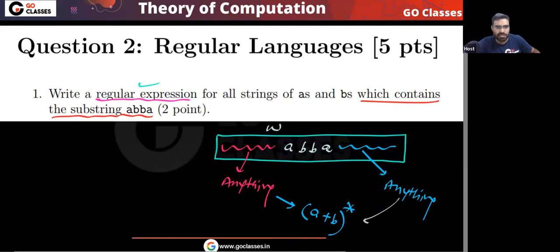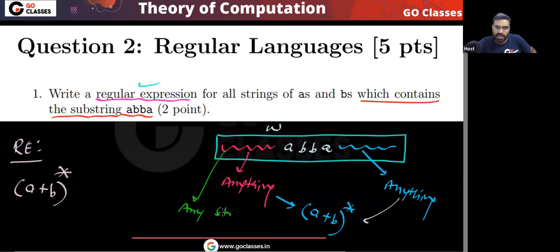So what will your regular expression be? Your final regular expression is that any string can come here. Any string means any string from sigma star.